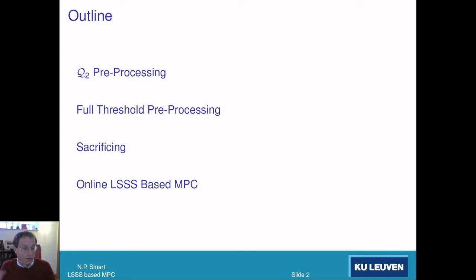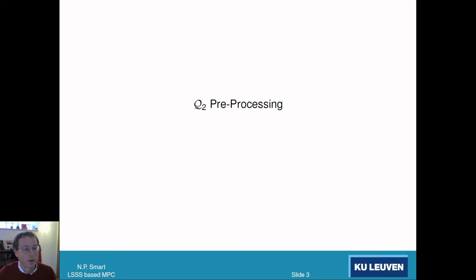Then there's a different method for Q2 and full threshold. Then we do a form of sacrificing, and at the very end we look at the online phase, which is actually computing the arbitrary function. So at the moment we're still not at the point of computing a function, but the first thing we're going to do is look at Q2 access structures and how we do this form of preprocessing.